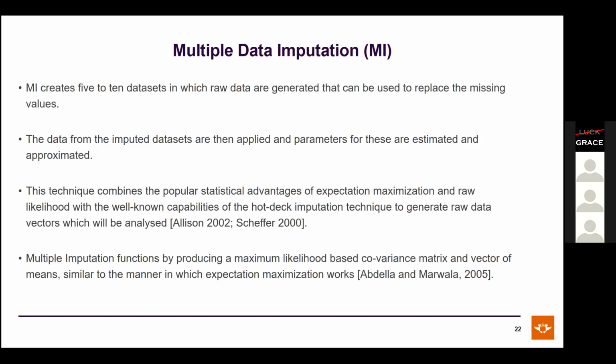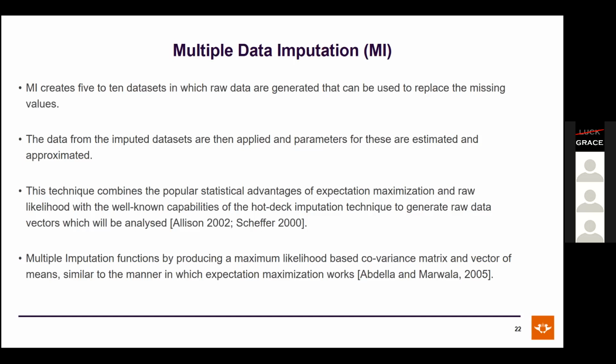It sounds more like it minimizes the bias in your estimates. If you're coming up with 10 estimates for your missing data and then you're still using a mathematical or statistical approach to come up with one value at the end of the day for that missing information, that already sounds like you're reducing bias in your estimates.